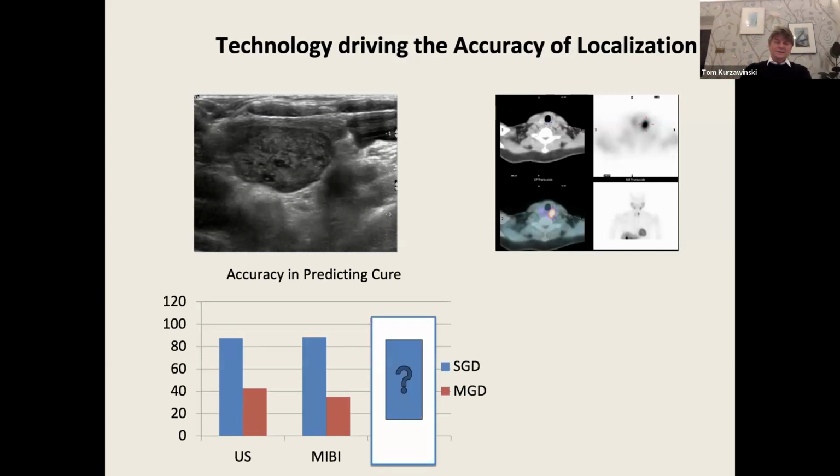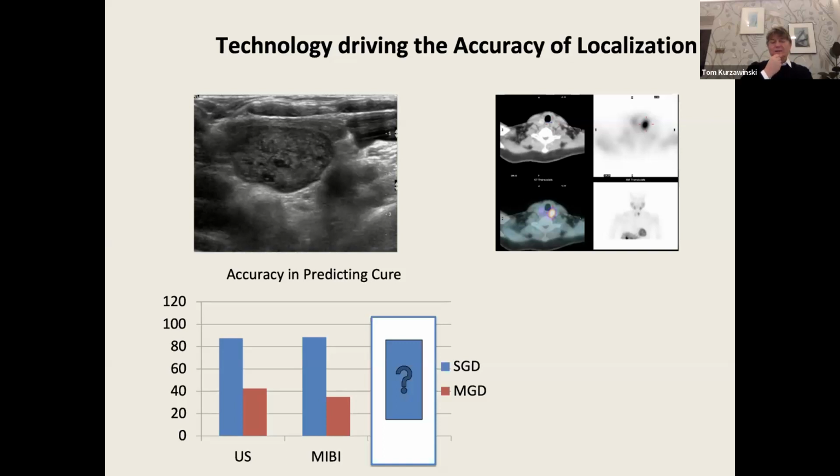And as you can see, we started looking at our series retrospectively, and we published quite a few papers on this. You can see that for single gland disease, which is retrospectively proven single by removing a single gland and curing patients, the ultrasound and sestamibi are almost equivalent, and they're accurate in about 80% of cases.